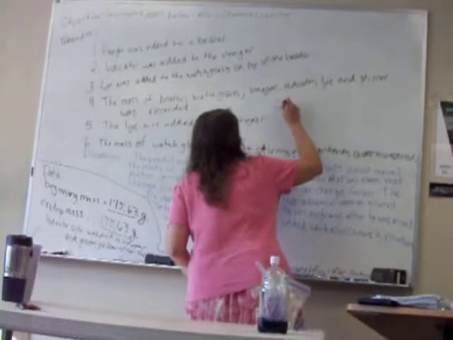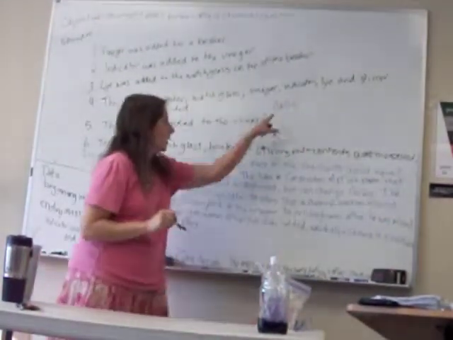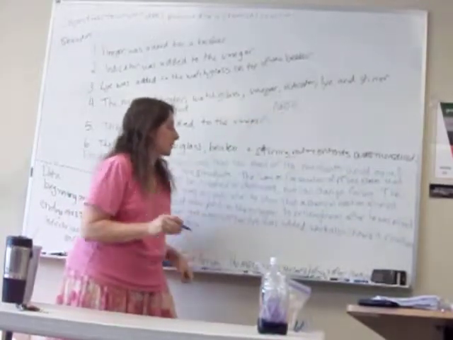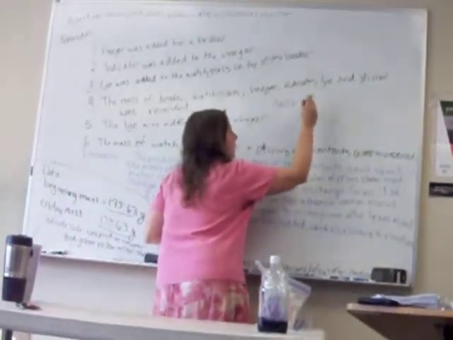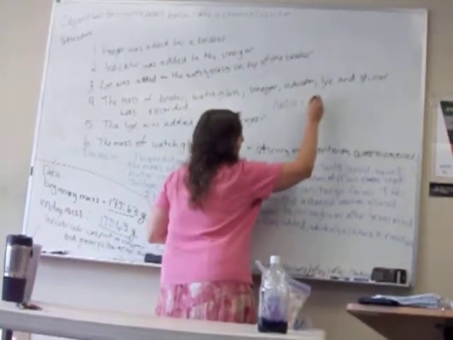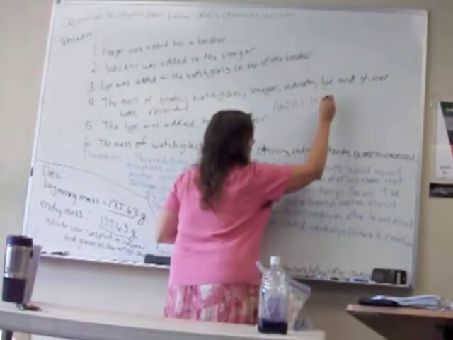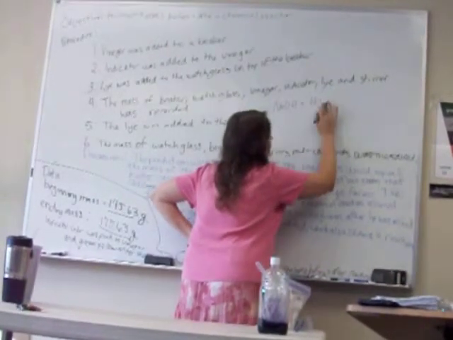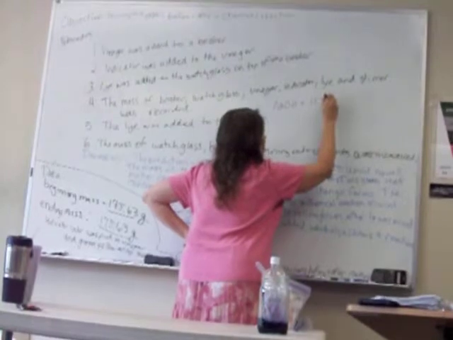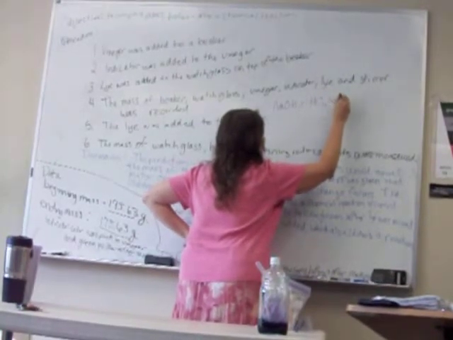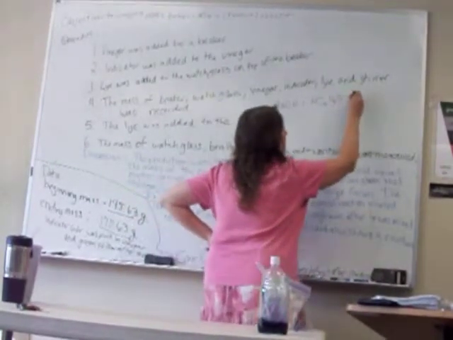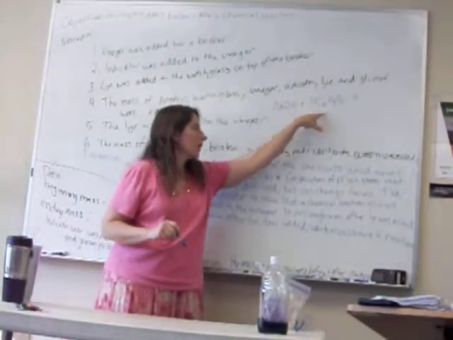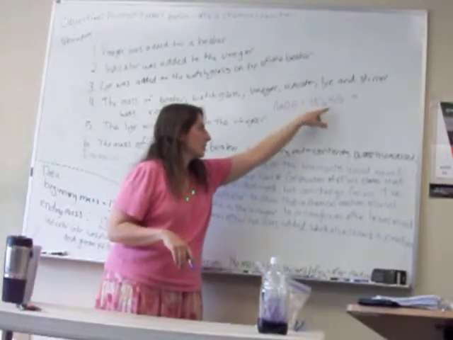Lye is sodium hydroxide. 1 atom of sodium, 1 atom of oxygen, 1 atom of hydrogen with chemical bonds holding them together. Vinegar is acetate, C2. This is vinegar, 4 hydrogens, but I split them up, which I won't explain for a few modules. 2 carbons, 2 oxygens.